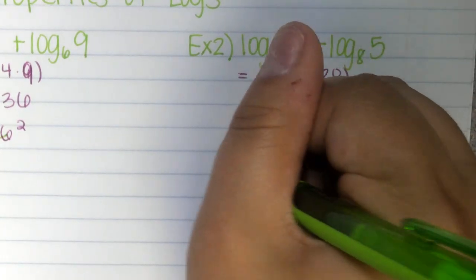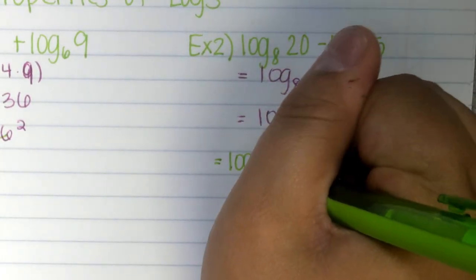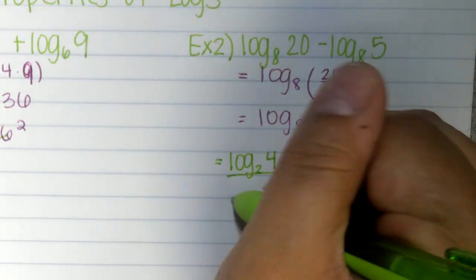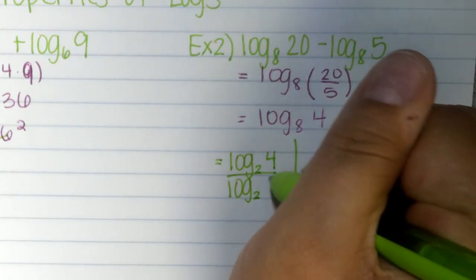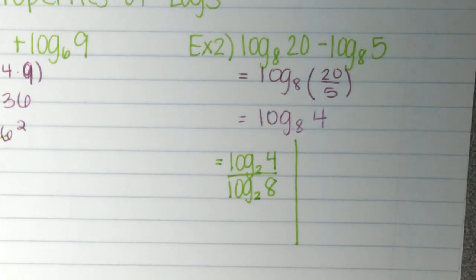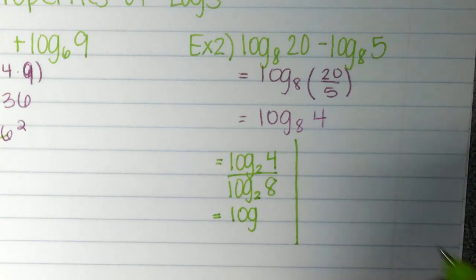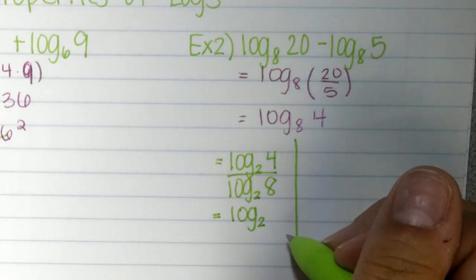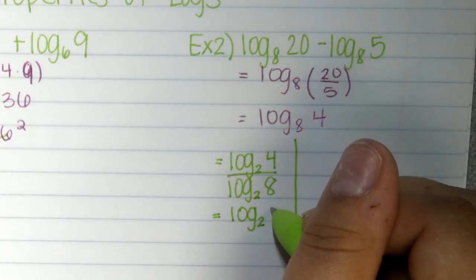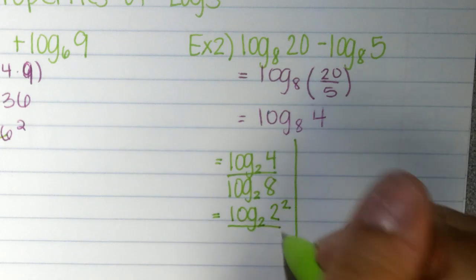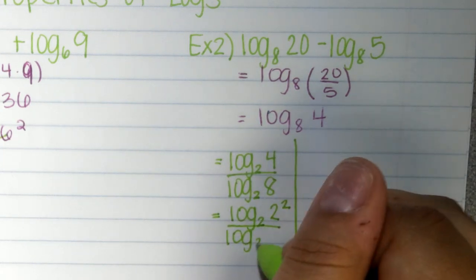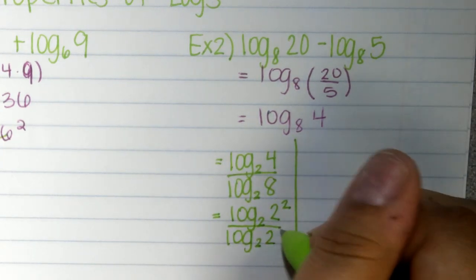So I'm gonna change this to log base 2 of 4 over log base 2 of 8, which equals log base 2 of 2 squared over log base 2 of 2 cubed.